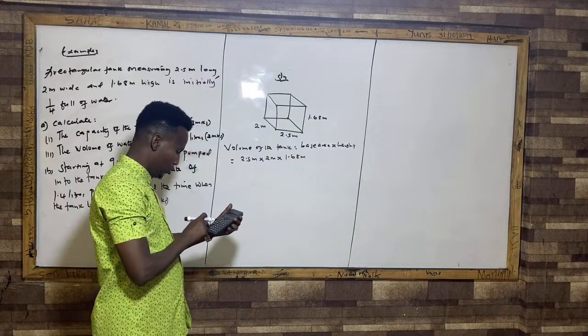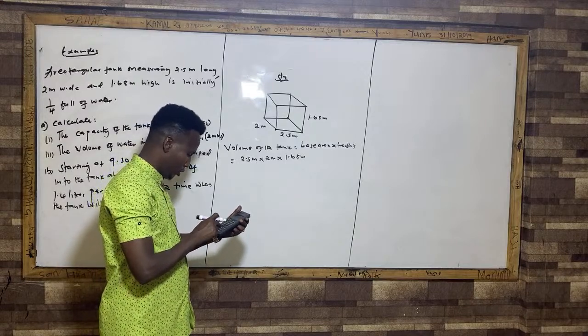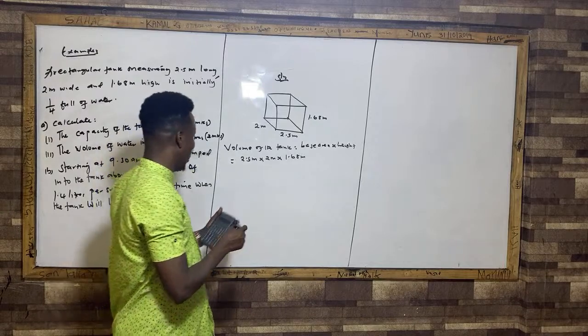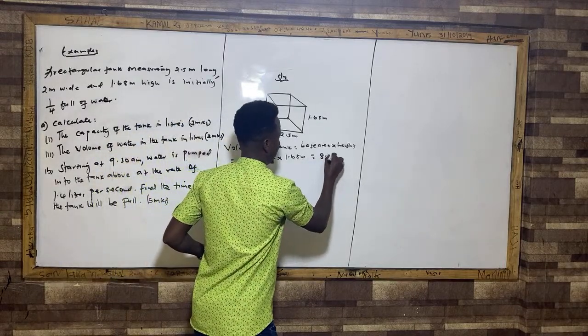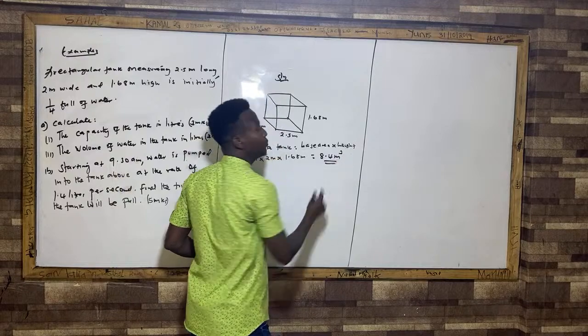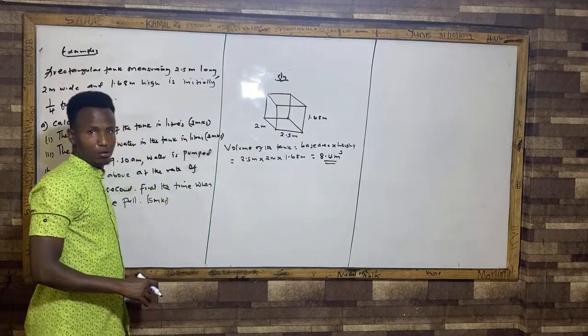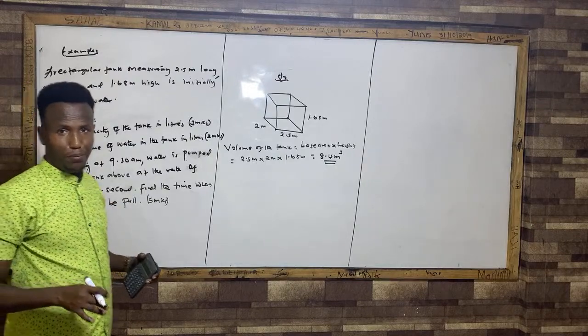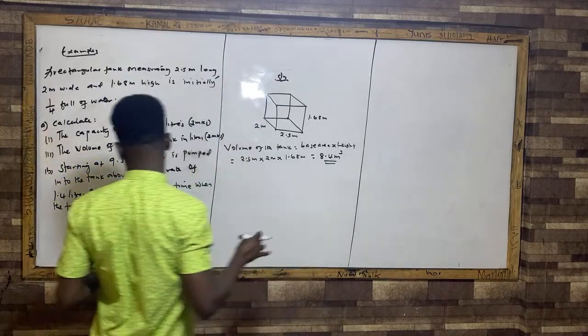So 2.5 times 2 times 1.68 gives us 8.4 cubic meters. That is the volume of the tank.